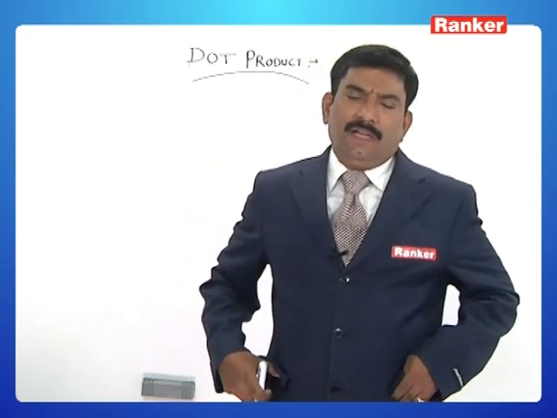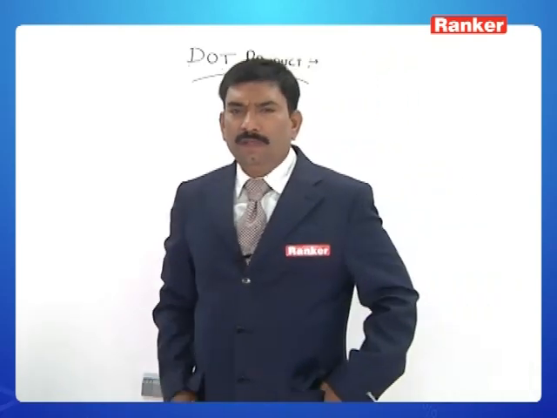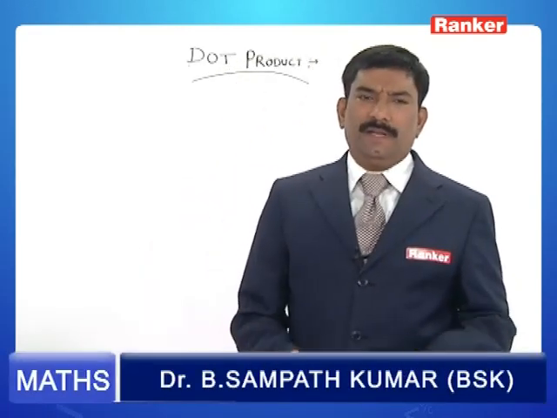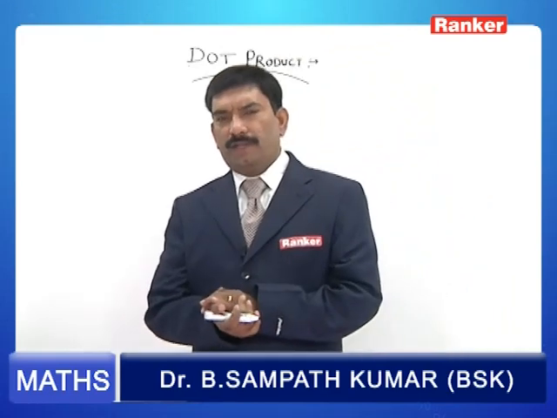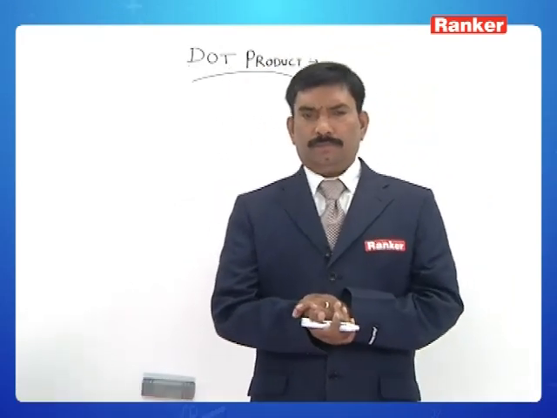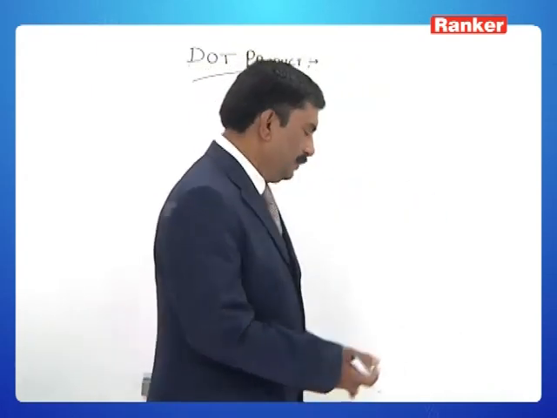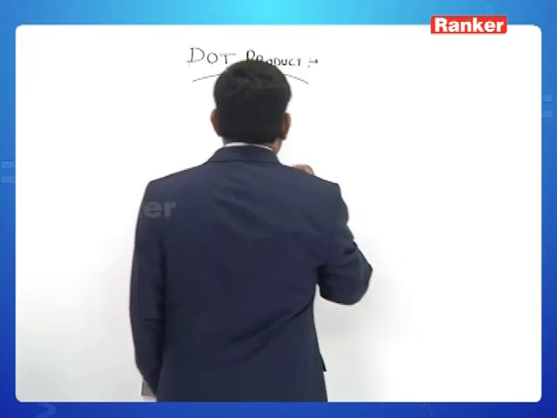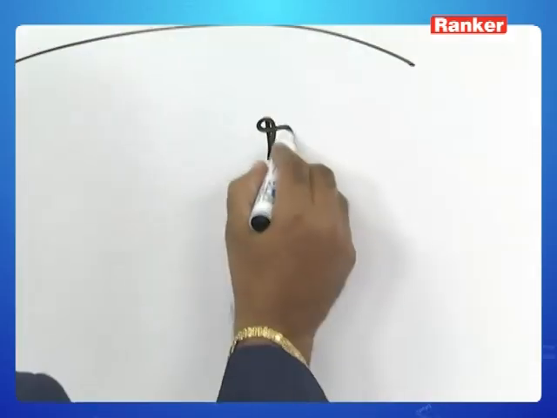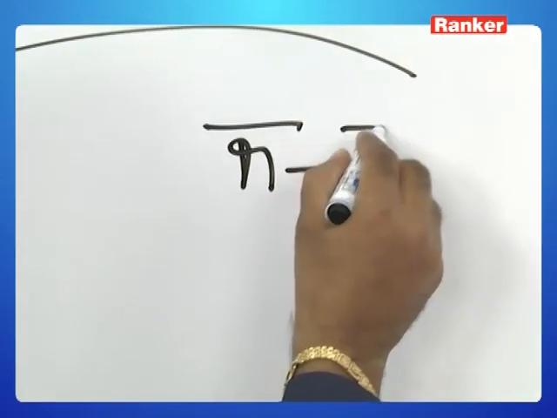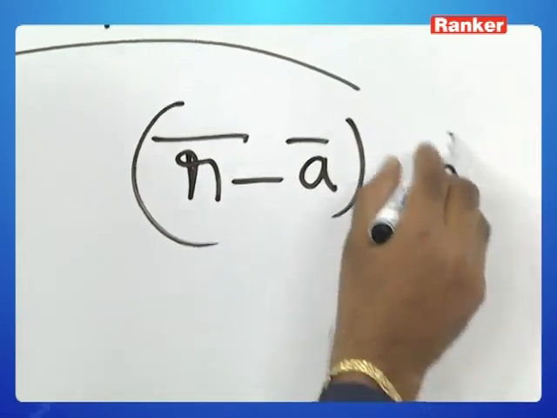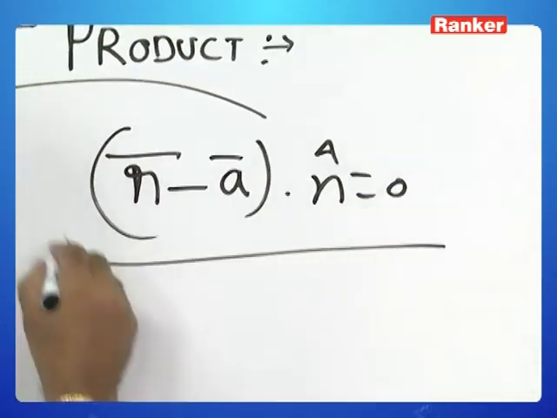Students, as we have discussed, the vector equation of a plane passing through the point A bar and perpendicular to the unit vector n cap, just recollecting the concepts, is r bar minus A bar dot n cap is equal to 0.